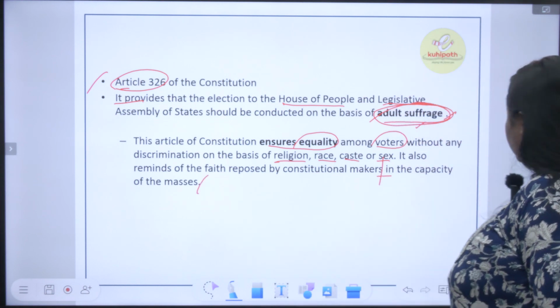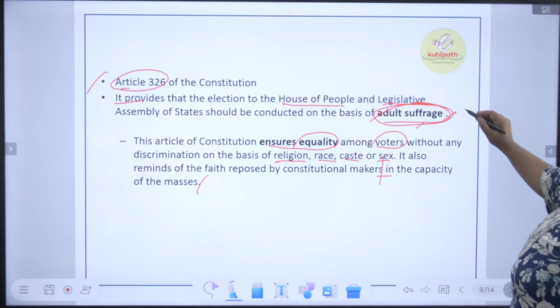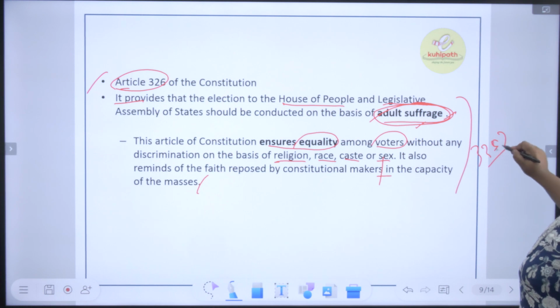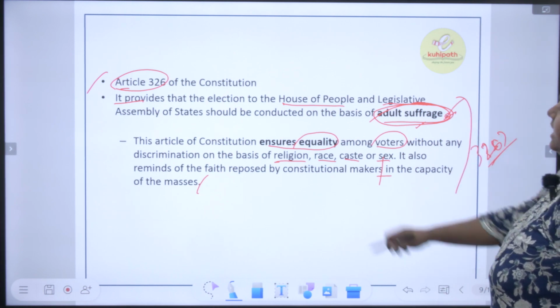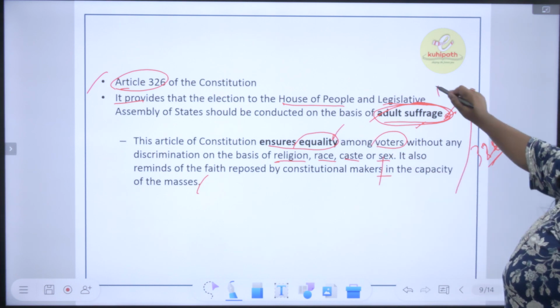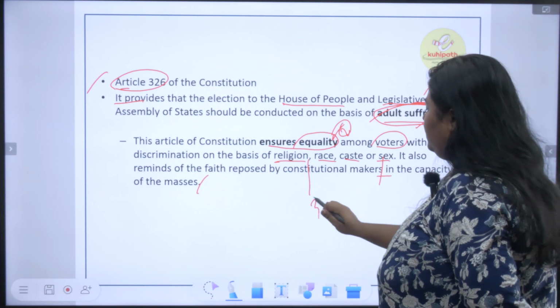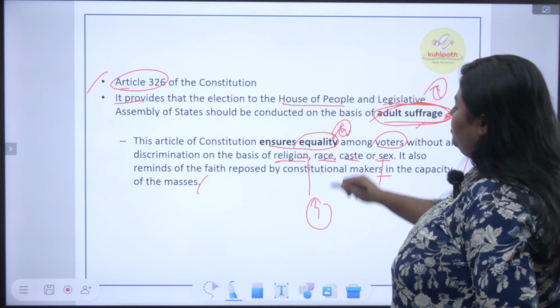So about Article 326, I gave some idea of what we are even talking about. We explained that it talks about adult suffrage and it ensures equality among voters, and no discrimination on the basis of religion, race, caste and sex. So these are points 1, 2 and 3.